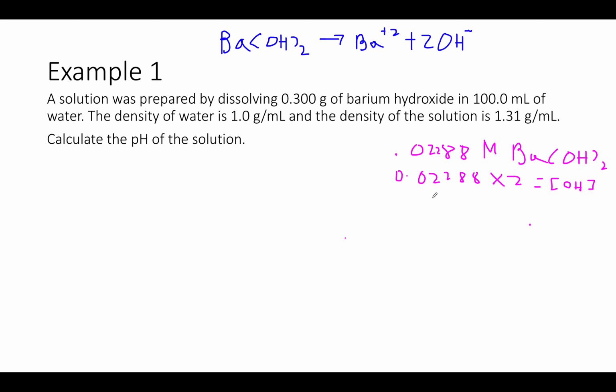So the molarity of the hydroxide ion is 2 times the molarity of the solution, and we get 0.0457 molar.